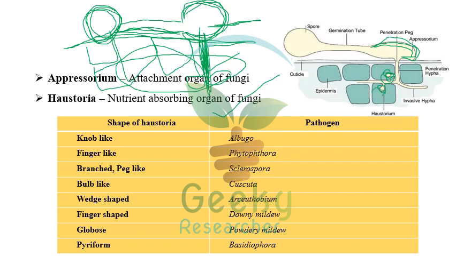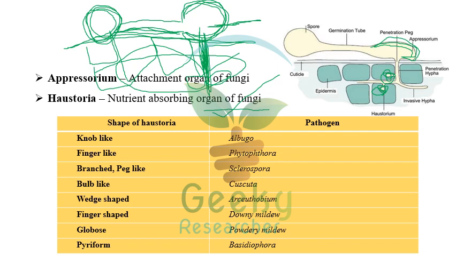The function of the appressorium is attachment, whereas haustoria is the nutrient absorbing organ, because the fungus needs to develop. Any organism that needs to develop or reproduce needs food. The haustoria enters inside the cell and absorbs all the nutrients required for the fungus.